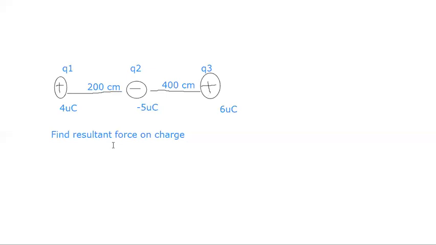As we can see, first of all, we should decide that we are going to find the resultant force on q2. On q2, the force from q1 is an attractive force, and from q3 it is also an attractive force. q2 will be attracted towards q3, and q2 is also attracted towards q1, so they both have attractive forces.